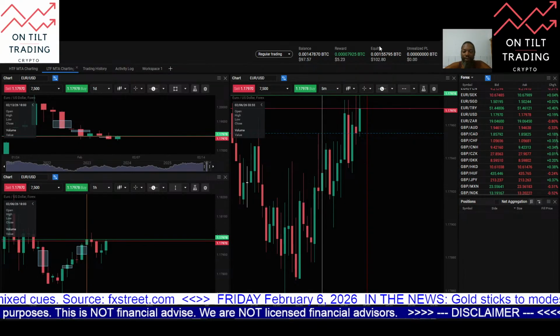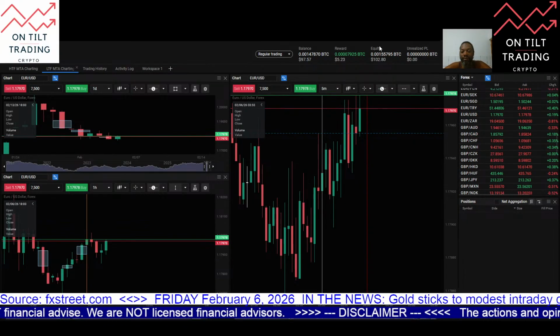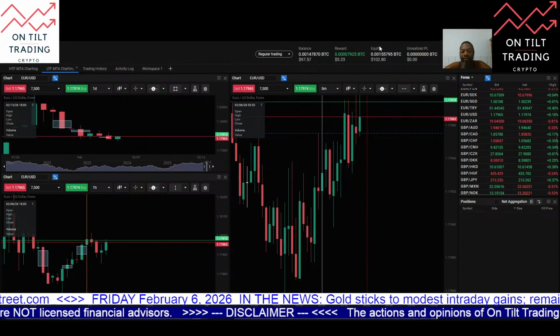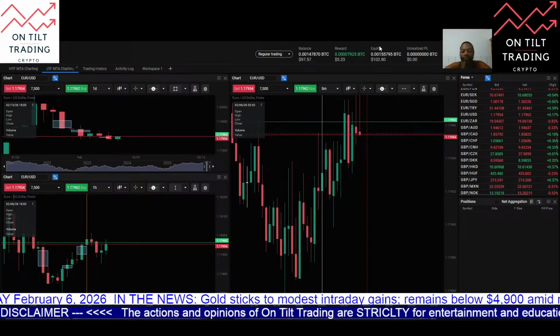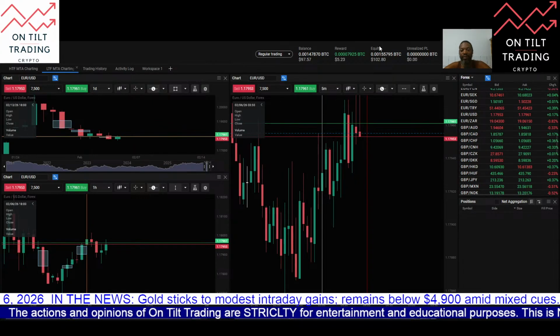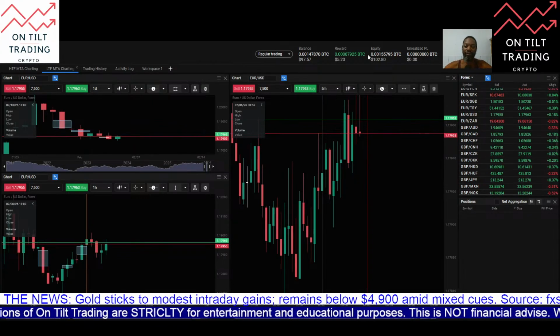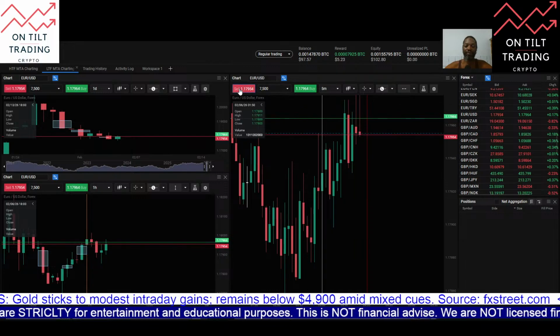Less than 1 minute remaining in the current 5-minute candle. This is that sneaky sell side move at the close of the session that may happen here.